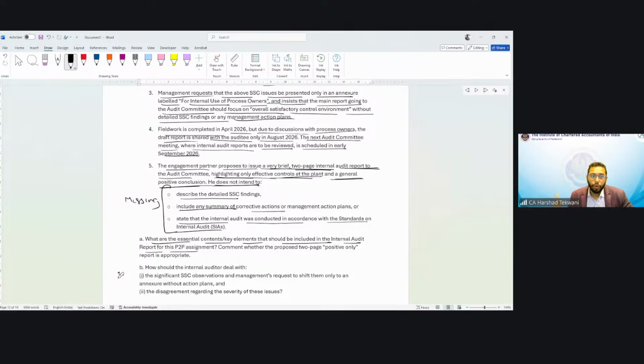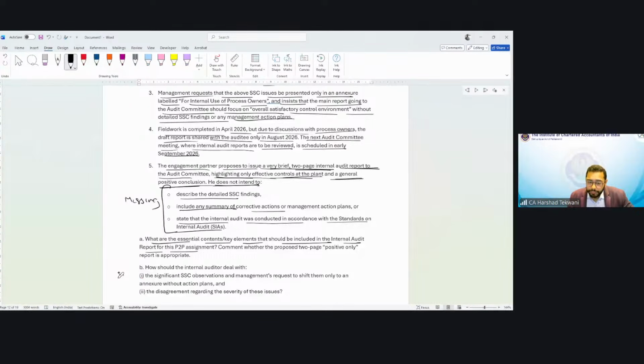So first of all, the overview and objective and scope of audit, that is not there. Second, the fact that the internal audit was conducted as per standards on internal audit, that is also not there.